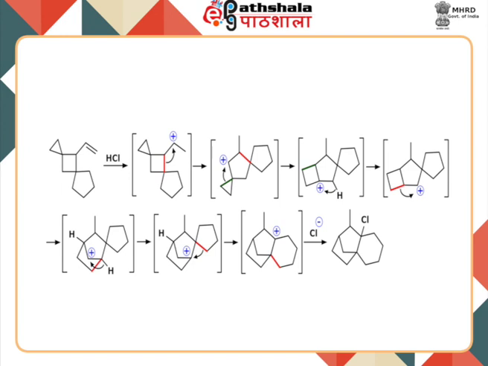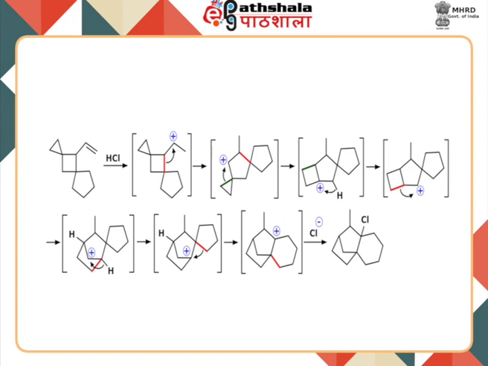and the moment it reaches the adjacent position, this red bond from the cyclobutyl system will be moving and undergoing an alkyl shift, and what we get is this 4-membered ring again going to a 5-membered carbocation.